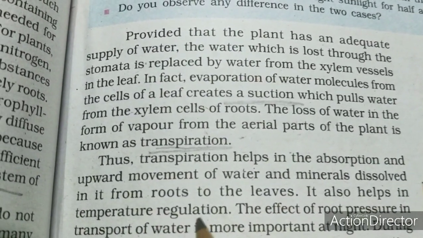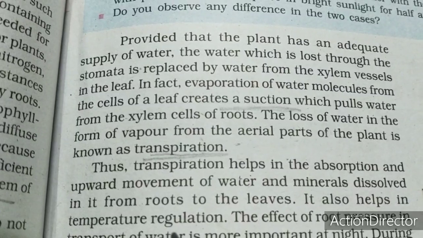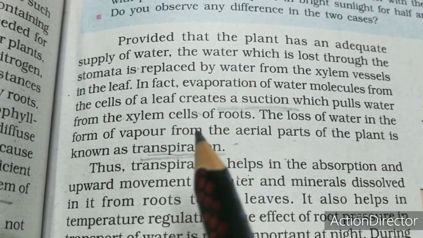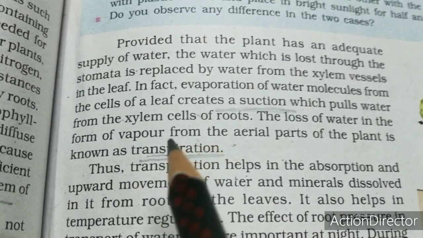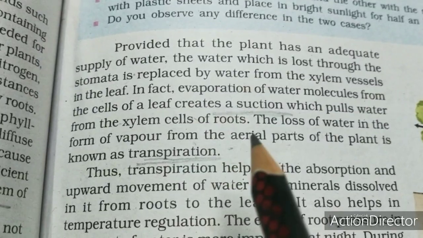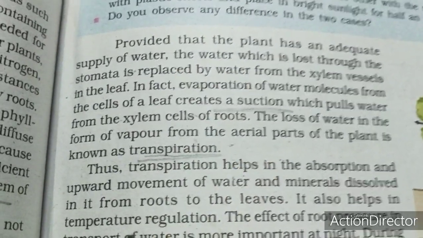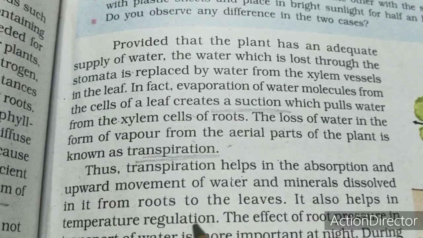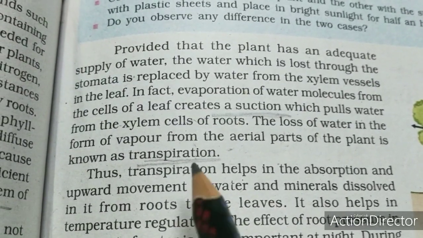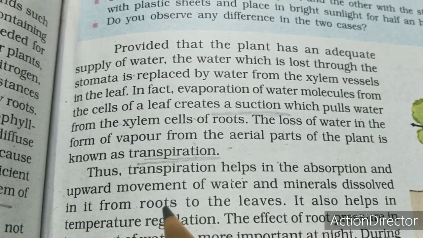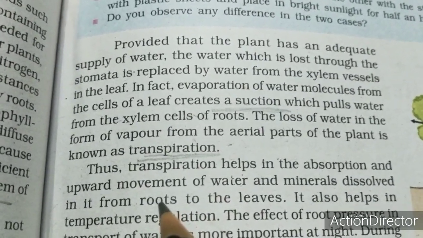What are the benefits of transpiration? It helps in the transportation of water in the plant body to the greatest height of the plants. At the same time, it helps to regulate the temperature. So this is what the transpiration helps during the process of transport of water in the plants.